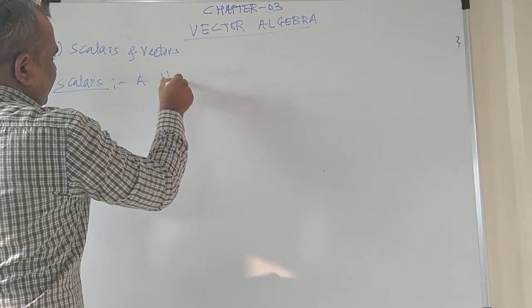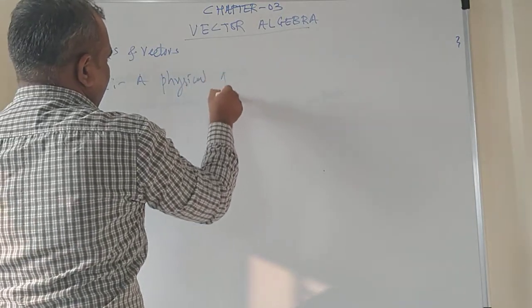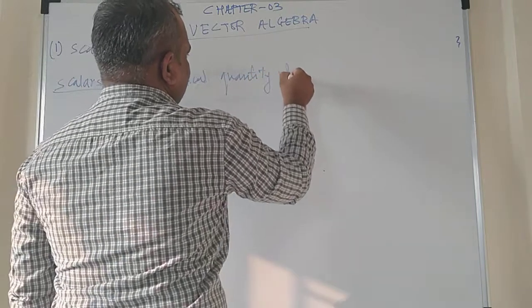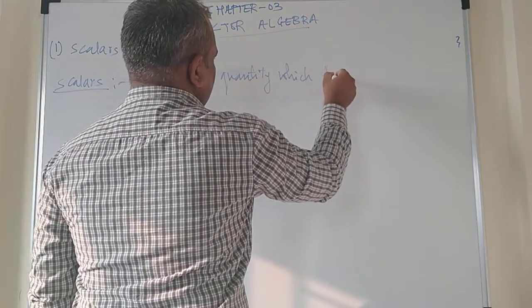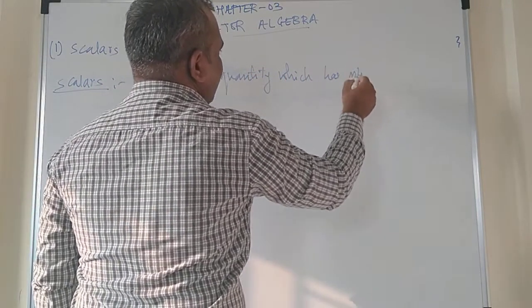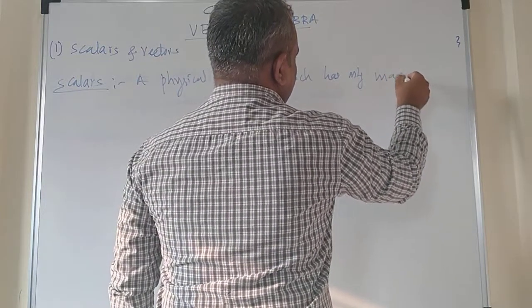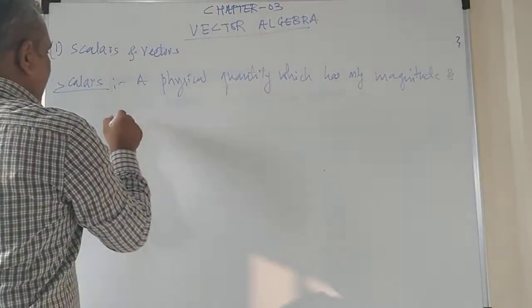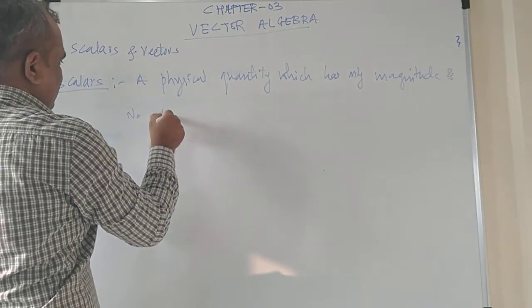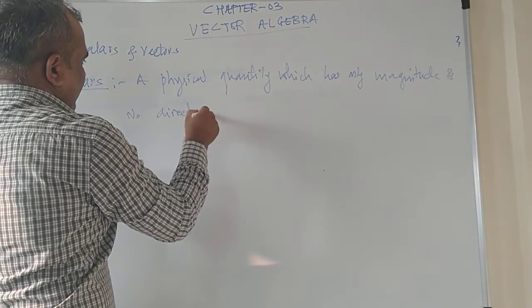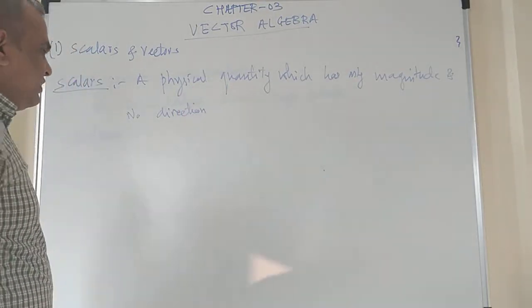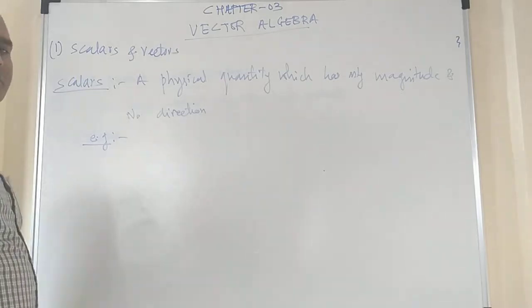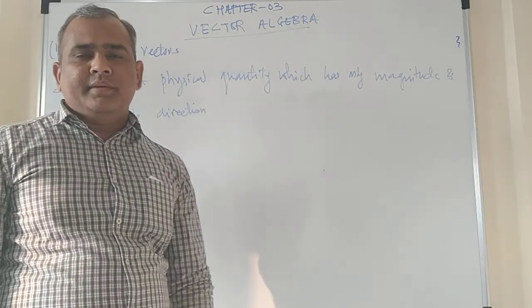Suppose a physical quantity which has only magnitude and no direction, then such physical quantity is called as a scalar quantity.